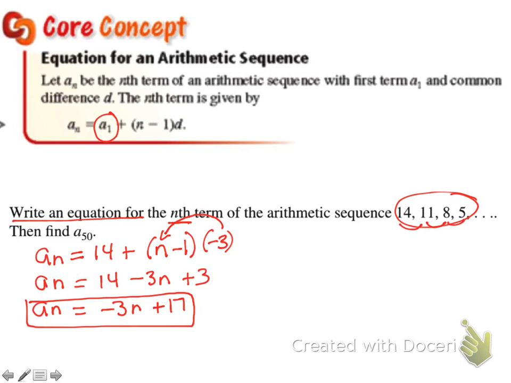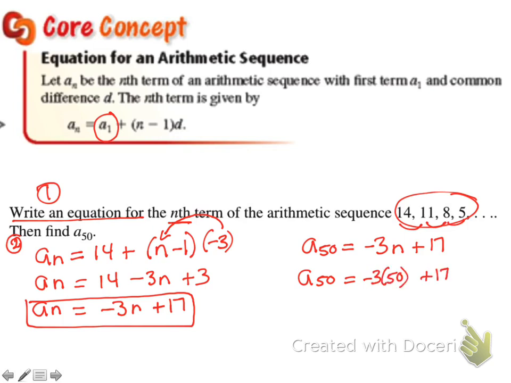Then direction number 2. So here's direction number 1. Here's direction number 2 that says then find a sub 50, the 50th term. So I'm going to write the 50th term equals, you should be writing, the equation is -3n plus 17. The 50th term equals -3 times 50 plus 17.